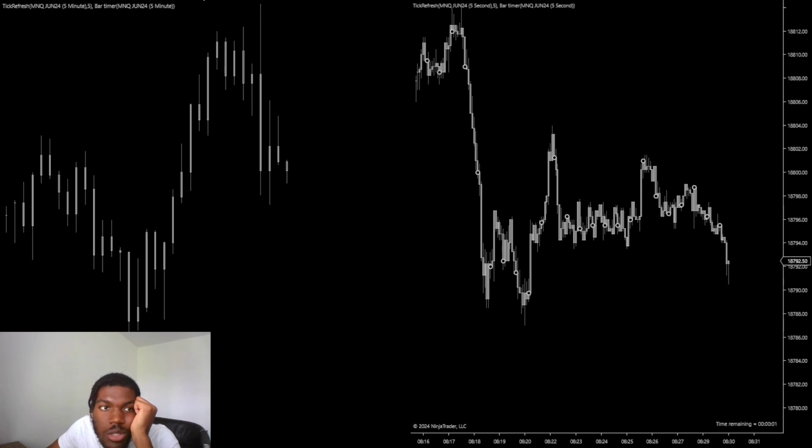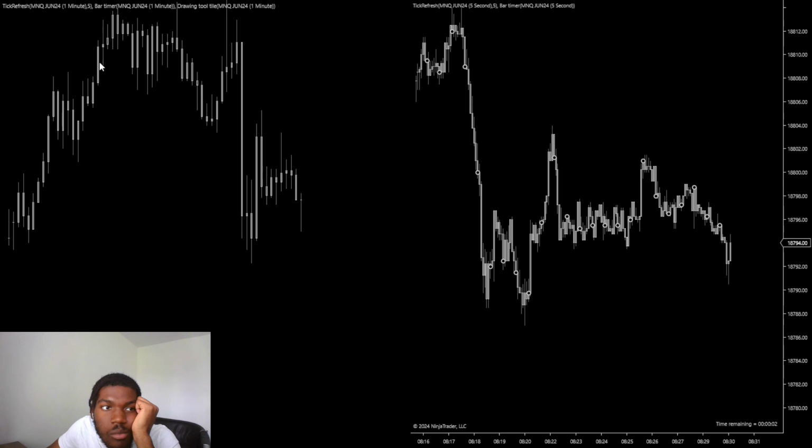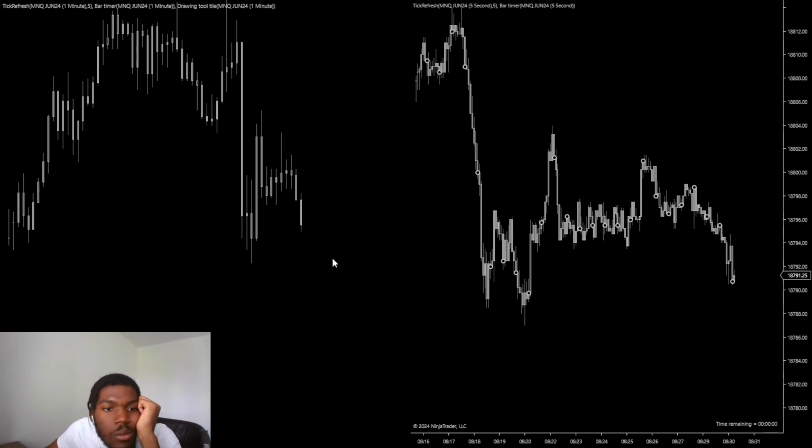So pre-market starts in that. Let me remove this. The drawing tool tab. Remove that.